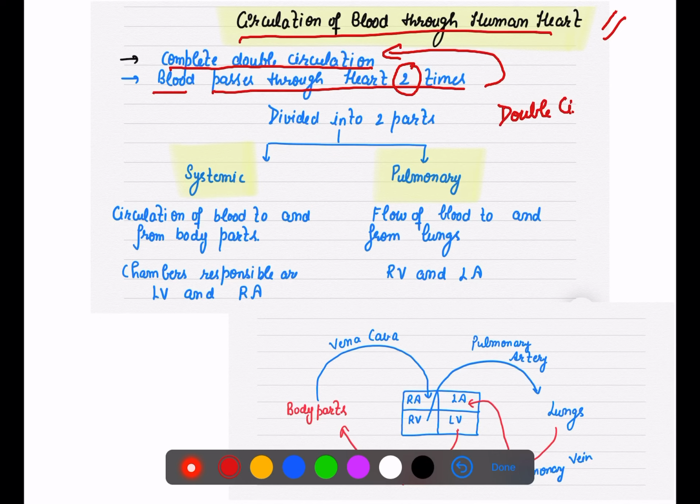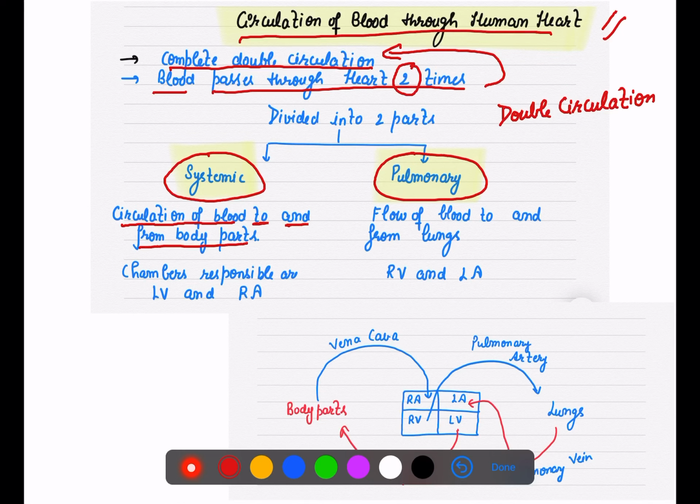In human beings it is divided into two parts, systemic and pulmonary. Now you will get more idea why we are saying this. Systemic means circulation of blood to and from body parts. Now I have said two words, circulation in which blood goes to and from body parts.